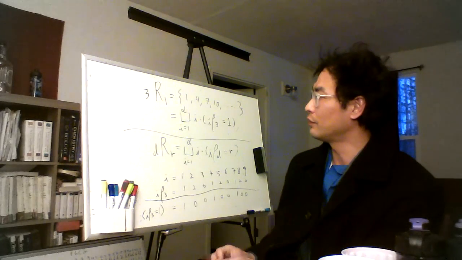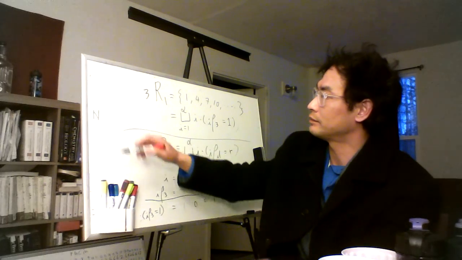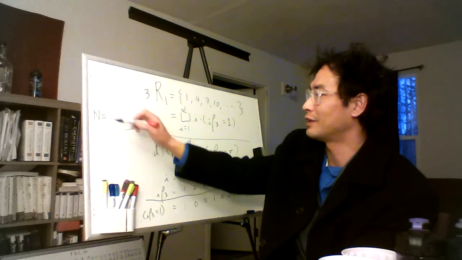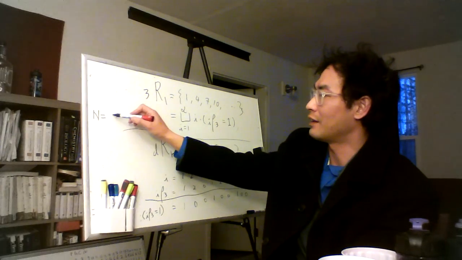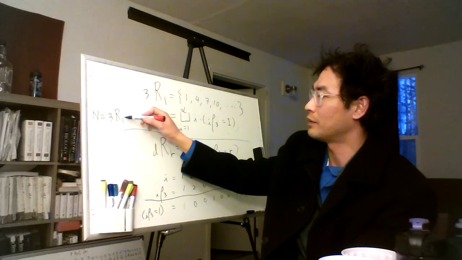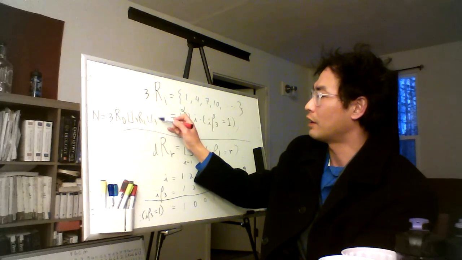So the set of natural numbers, no negative integers. We're going to include zero. It is 3R0 union 3R1 union 3R2.